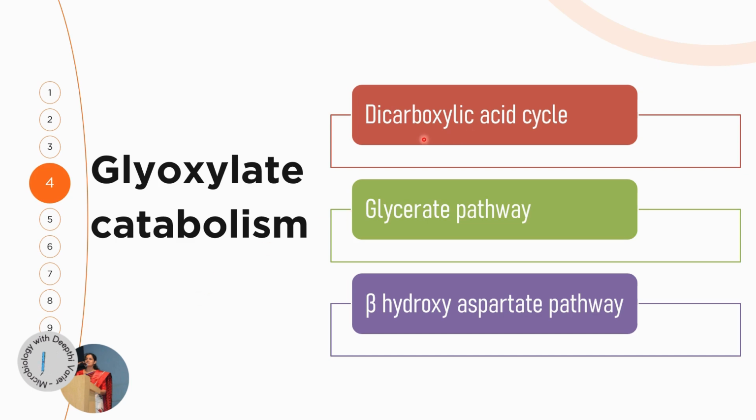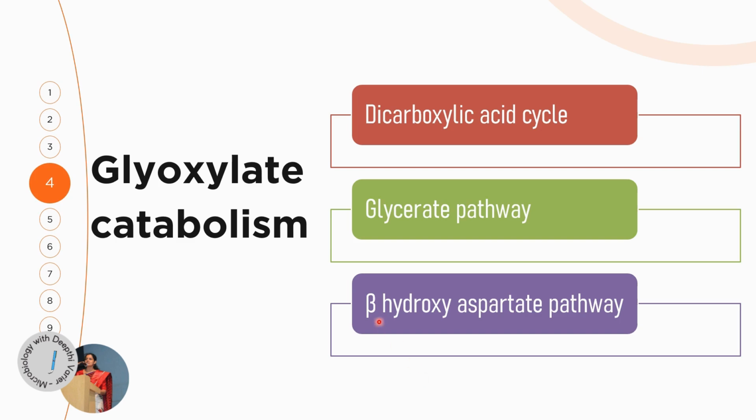The first pathway is the dicarboxylic acid cycle, which is a type of oxidative catabolism, or something that occurs during aerobic conditions. The second one we have is the glycerate pathway, where you again have certain aerobic as well as anaerobic organisms going through or taking up the glycerate pathway. And the last one is the beta-hydroxyaspartate pathway, which is also seen mainly in aerobic conditions.